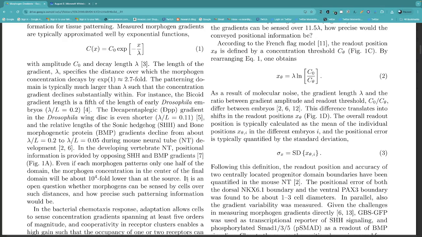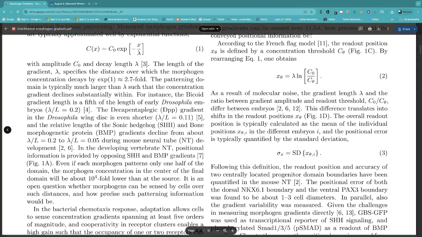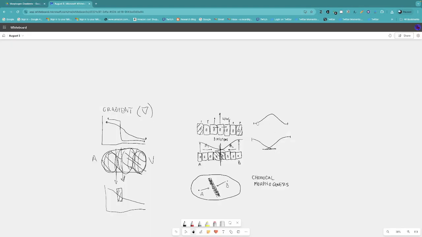So this is where, how do you sense this decayed gradient over such distances, and how precise such patterning information will be? So when you have a very low level of the gradient in a certain location, how do you sense that gradient at a very low concentration, and how efficacious is it in doing something to that cell?